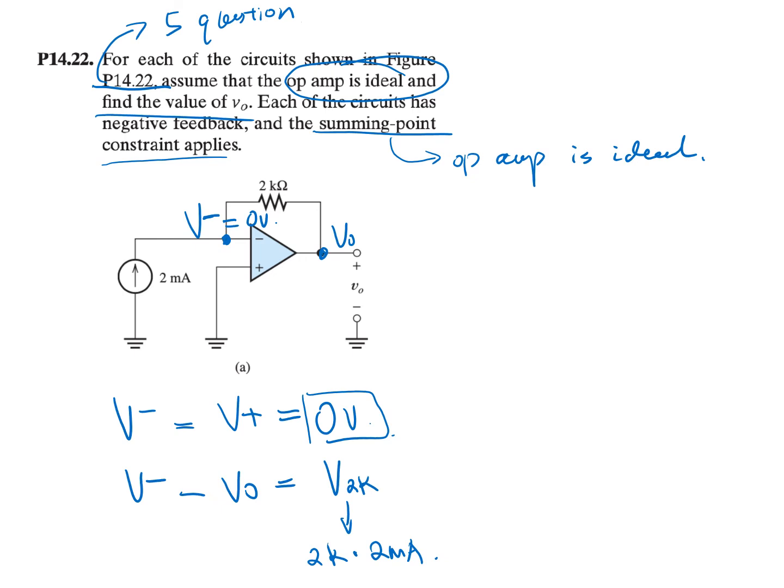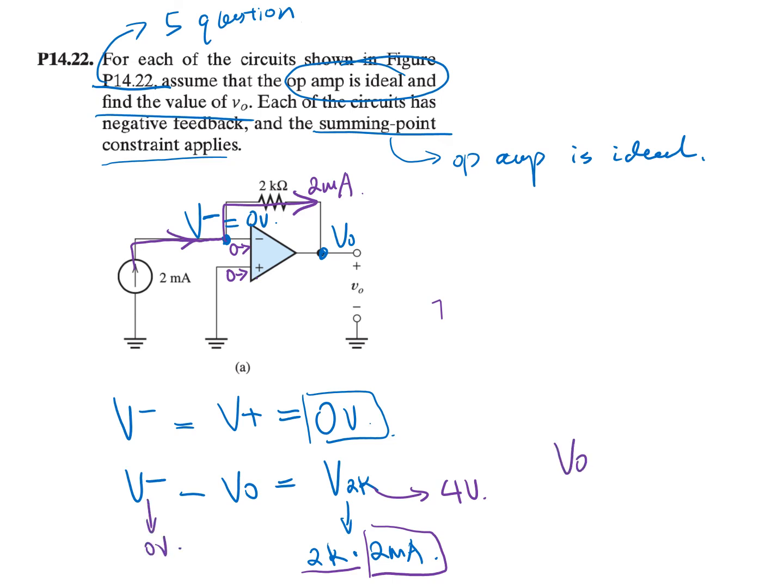The reason the current flowing through the 2K resistor is 2 milliamp is that because it's an ideal op-amp, the current here is 0, the current here is 0. So all the current provided by the current source flows through the 2K resistor. So we have 2 milliamp times 2K, and this is 4 volt. And we know that this is 0 volt. So V out is equal to negative 4 volt.